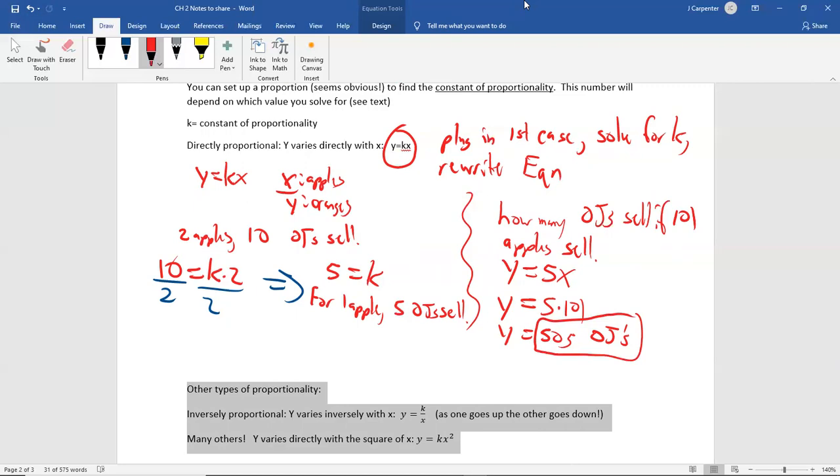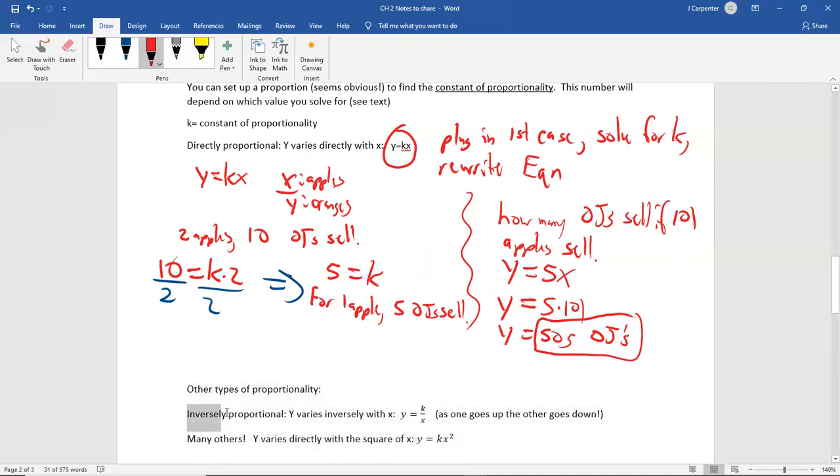But there are things in this world that do not double as one doubles. One thing might double and the other thing might halve. That's the idea of inversely proportional. So there's a different extra word in front of the word proportional. If I just say the word proportional, we assume it's direct proportional. But if you throw extra words in there besides direct, it changes the equation.